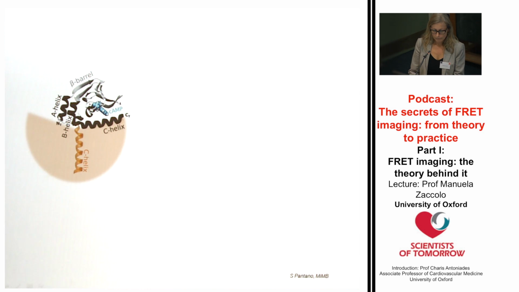But one can predict that the space that is sampled by this helix is the space highlighted here by this shaded area. And we can calculate the radius of gyration of this structure, which is the radius of the spherical approximation of the size of this molecule. And for the cyclic AMP binding domain, that's about 1.5 nanometers.